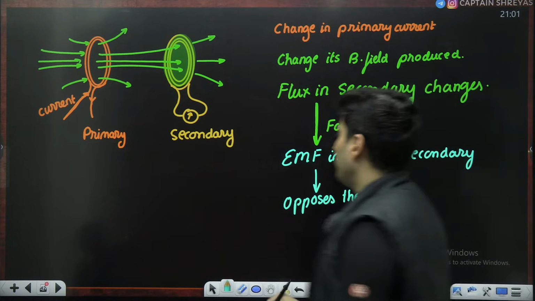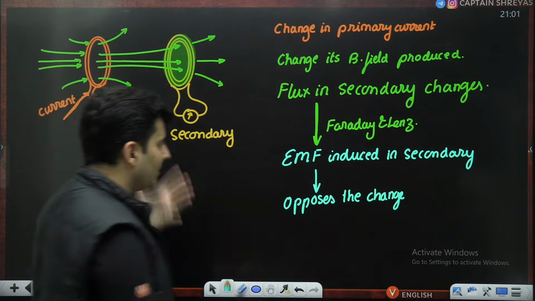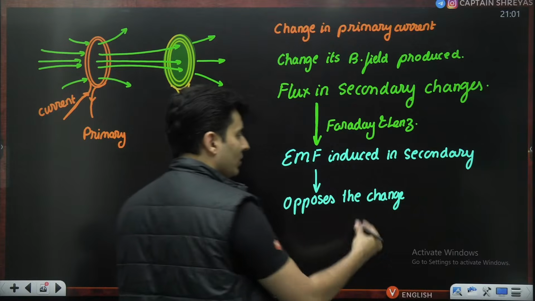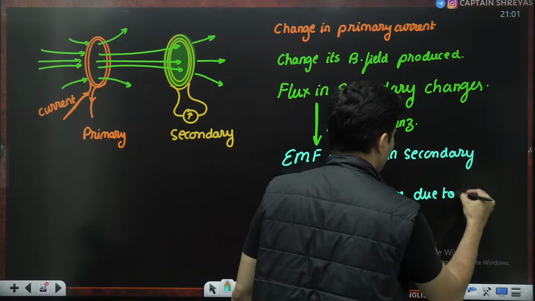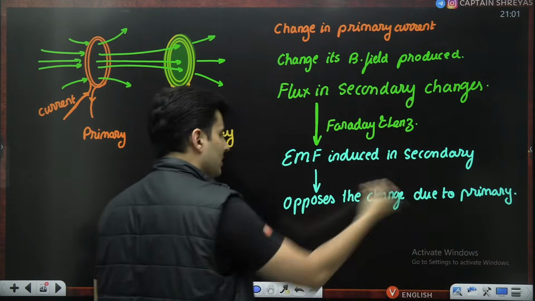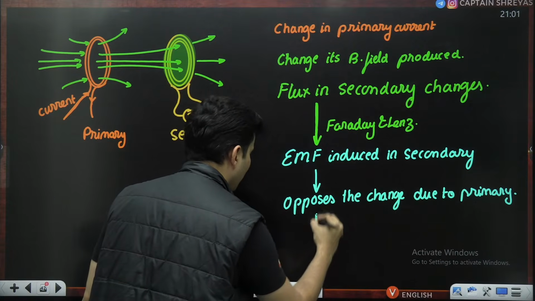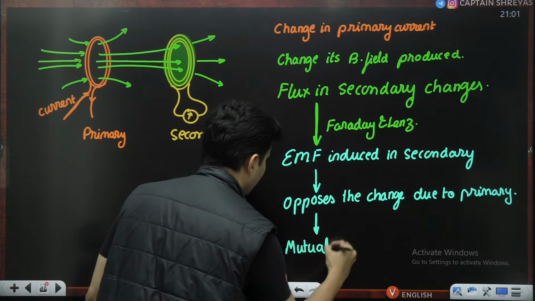It is not in the same coil; it opposes the change due to the primary. The secondary is opposing the change due to the primary. This property is then called mutual inductance.